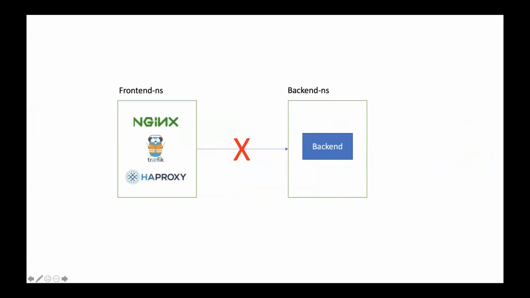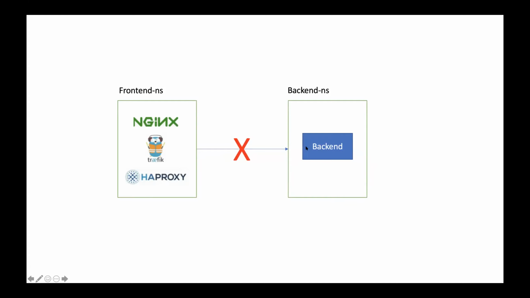So if you're using just Kubernetes and you had an ingress component, which is a router or load balancer that does TLS termination for you, like Nginx or Traefik or HAProxy, and you wanted to send traffic from the namespace that the ingress controller is installed in to your backend, which might sit in a different namespace, Kubernetes today has a limitation where ingress rules cannot target services from a namespace that's different from the actual ingress controller.